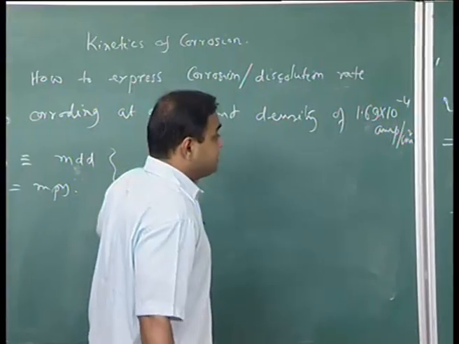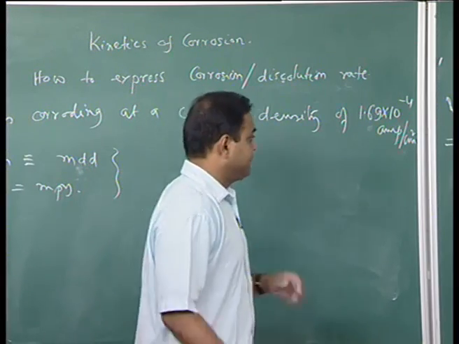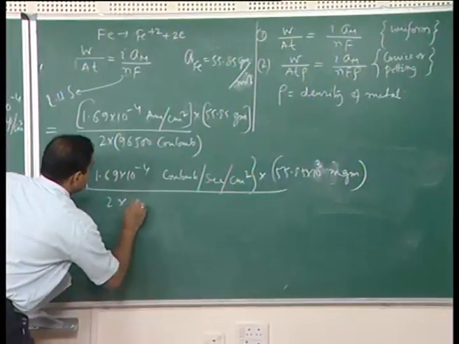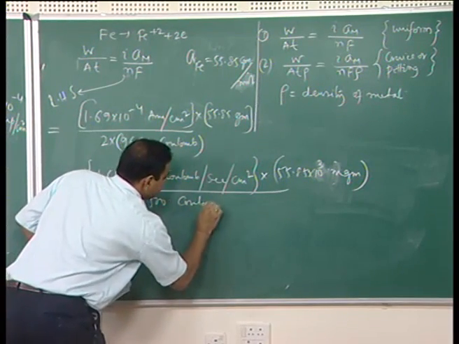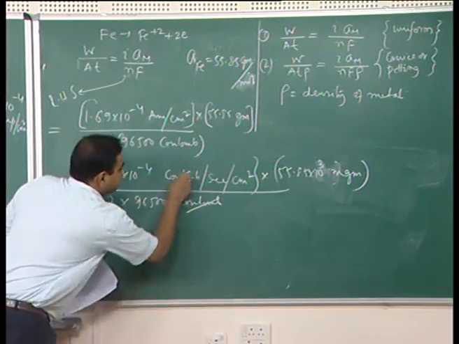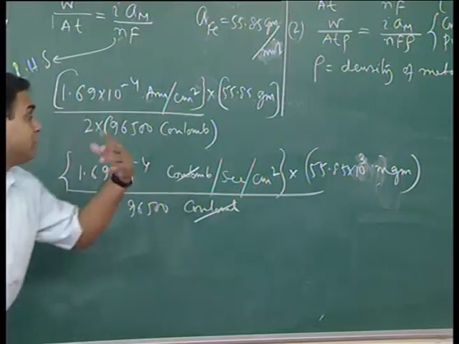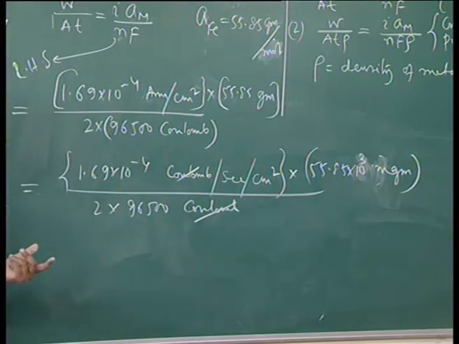So, the coulomb will get cancelled. Now, second you convert into day, centimeter square you convert into decimeter square.